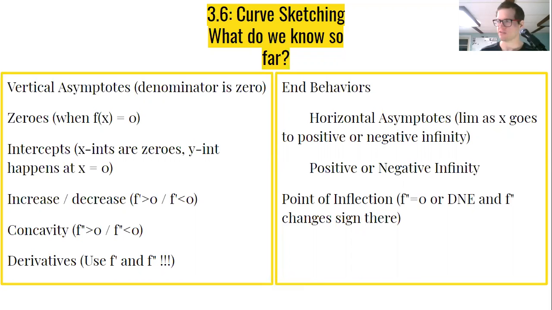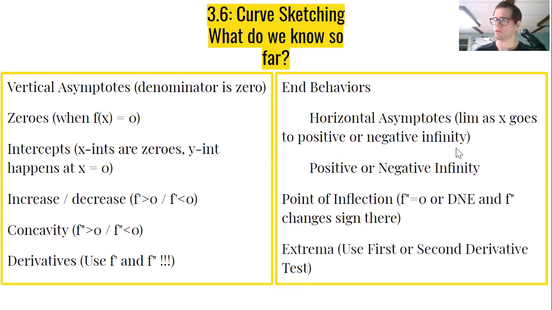That's the biggest thing, because sometimes you get a 0 on the second derivative, or it doesn't exist on the second derivative, but the sign doesn't change. So you've got to be aware of that and be thoughtful and look for that just in case it exists, because it could.